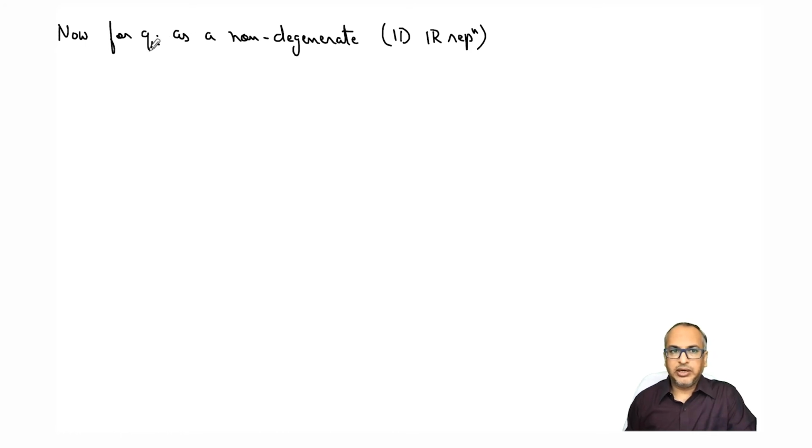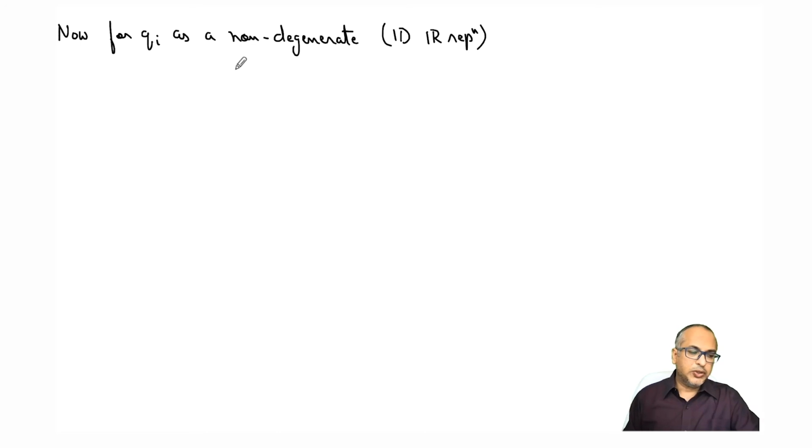So we have seen that the symmetry of the normal mode is equal to the symmetry of the normal coordinate. So we know this will have the symmetry of the normal mode. Now that symmetry can be one-dimensional or two-dimensional. It can be non-degenerate, which is a 1D IR representation, or it can be degenerate and then it will be a 2D IR or 3D IR representation, right? We have seen that normal modes can have the symmetry of 1D IR and 2D IR and 3D IRs.